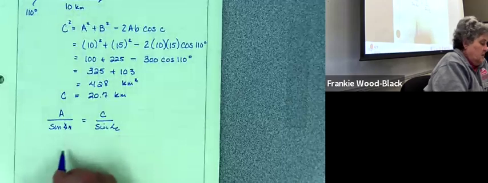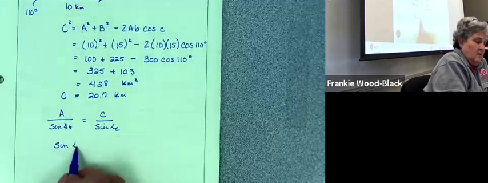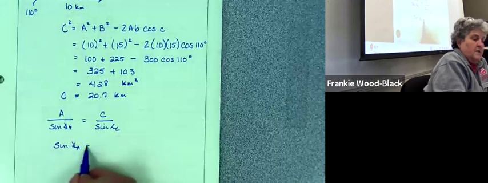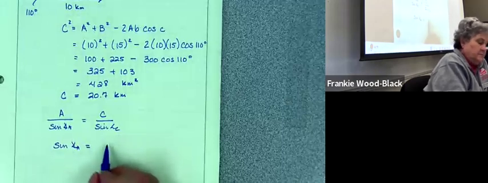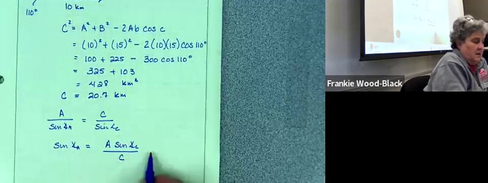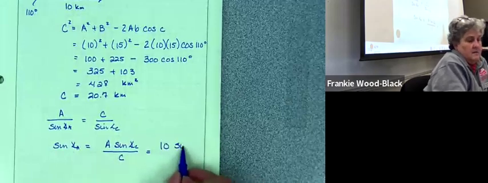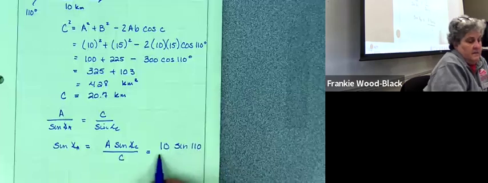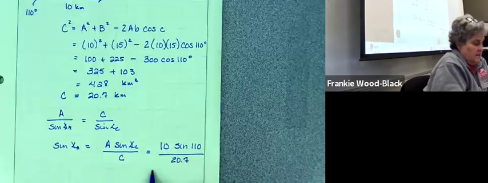So I'm looking for the sine of my angle A is going to be A sine of my angle C divided by C. And that's 10 sine 110 divided by 20.7.